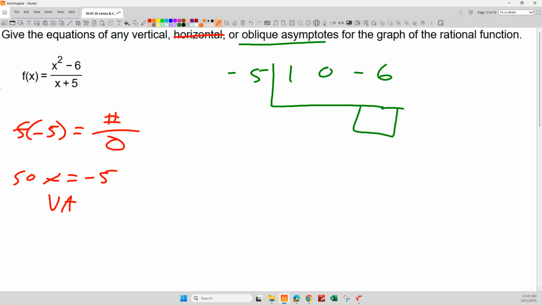So then, what do I get? -5, because I add them. You do the opposite of long division; you add with synthetic. And then 20. Not that I really care, but, oh, whoops, 25.